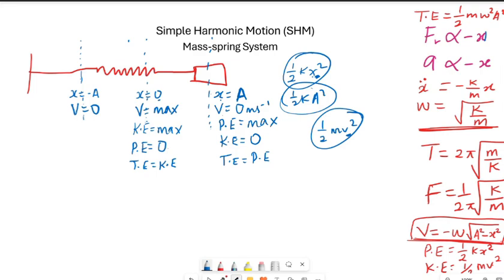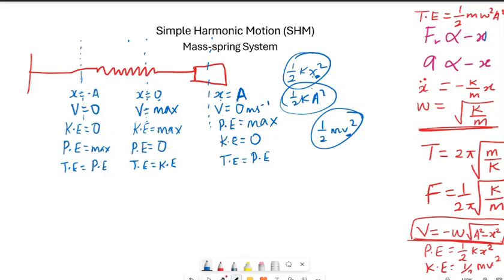At this end point also, our kinetic energy, since it depends on velocity, will be 0, and our potential energy, since it depends on x, will be maximum also. And at this point, the total energy will be equal to our potential energy at that point also.